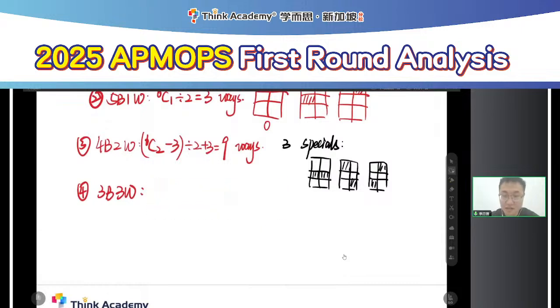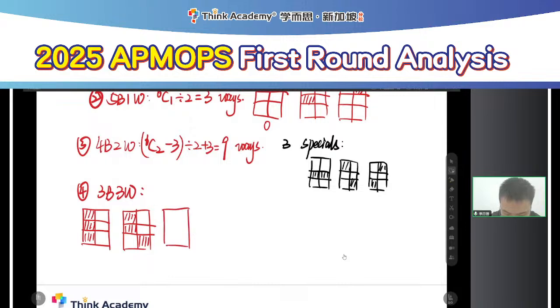So if we list it, now it's 3 black, 3 white. We just discussed the 3 black, 3 white. If they are all in different columns, we can have the first one like this, and then maybe like this. So we have this 3 1, right? We have this 3 1.